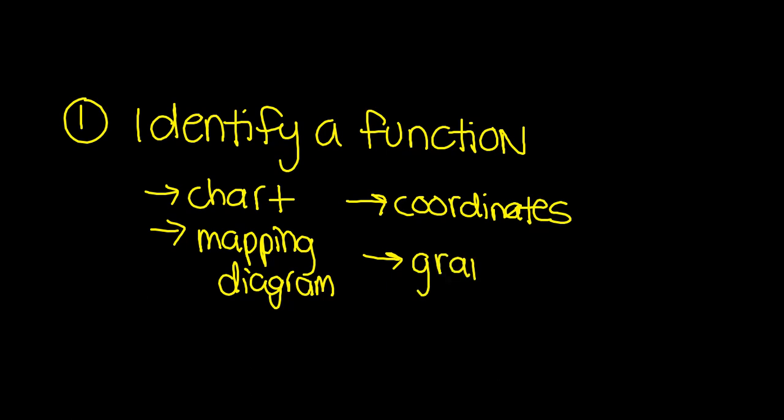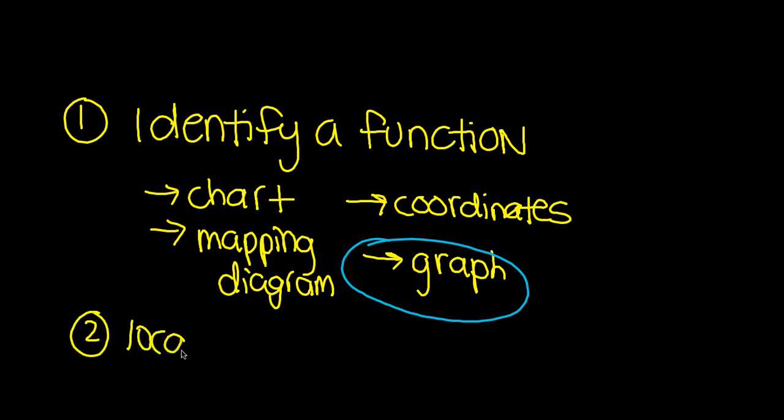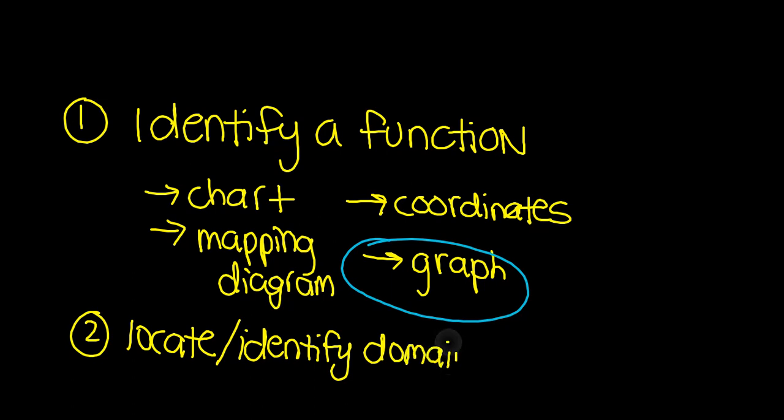Any of those 4 things, you should be able to identify a function. Remember that this one uses the vertical line test, and the other 3, we're going to just look for those input-output values. And the other thing you should be able to do after having watched both of these videos is locate and identify domain and range.